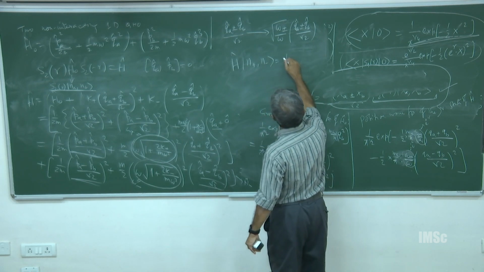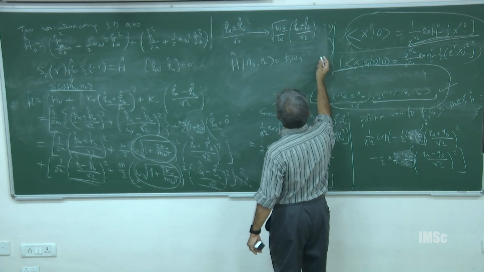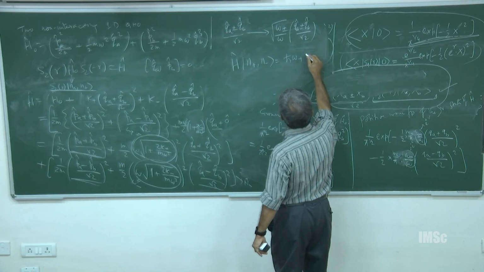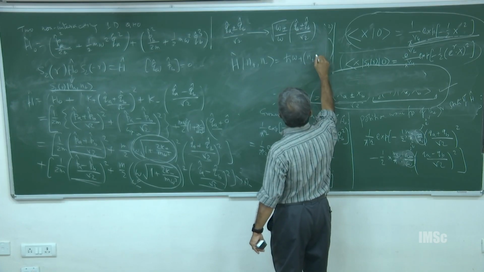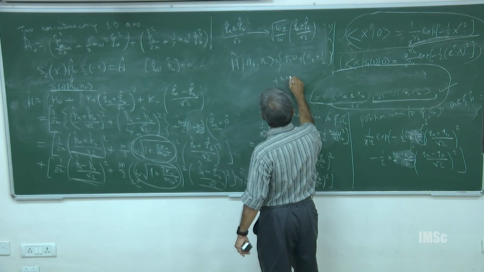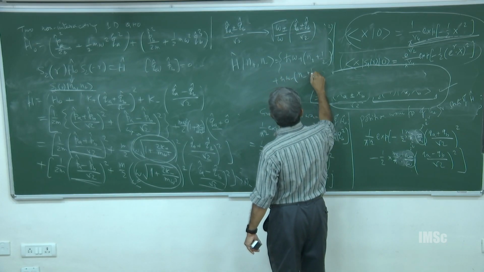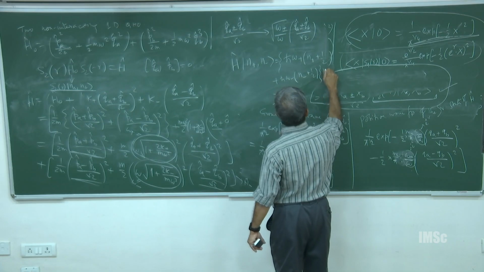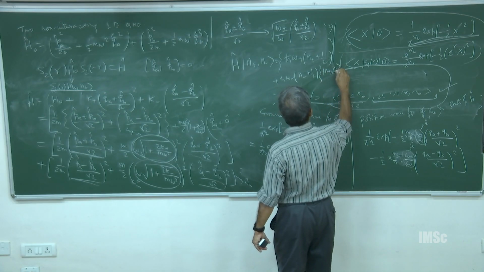Whatever I have written, ħω_+ (n_+ + 1/2) + ħω_- (n_- + 1/2), then this is |n_+ n_-⟩, right?